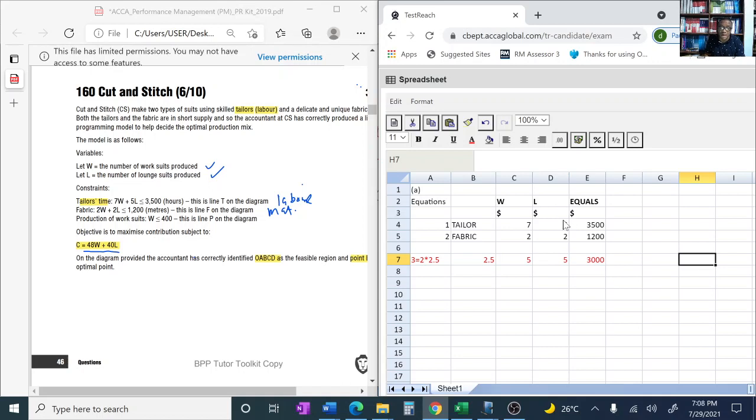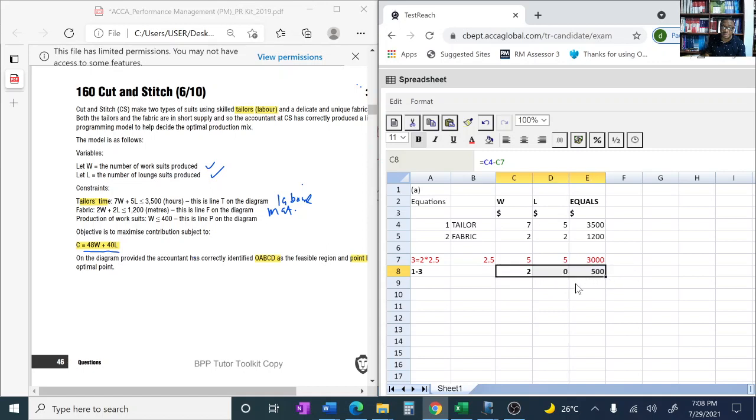I now do have 5L and another 5L here. So then it means that what I could do is to now subtract equation 3 from equation 1. So 1 take away 3, for example, is going to give me 7 take away 5. That gives me 2. And then from there, I could just drag that here.